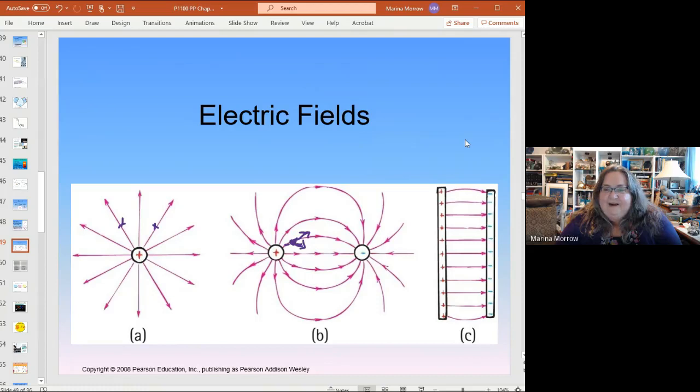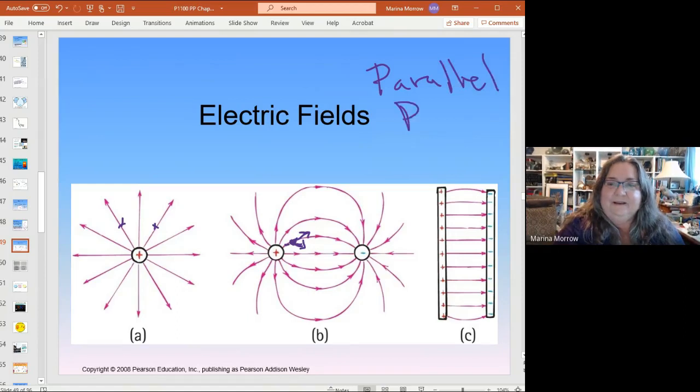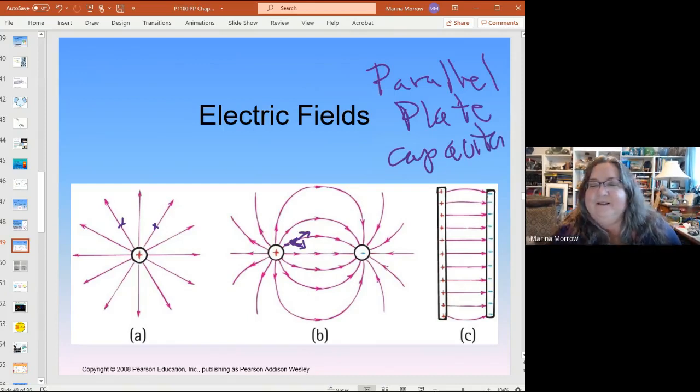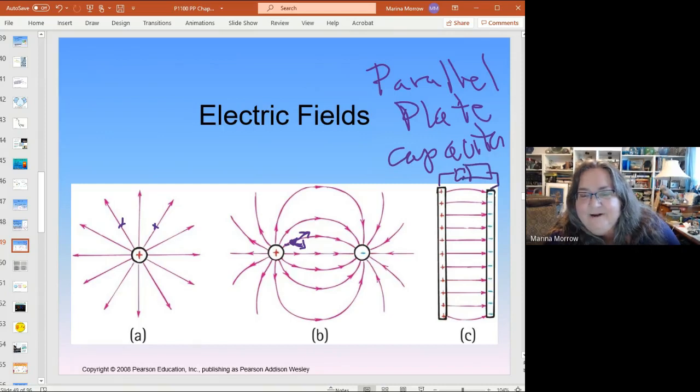The last one here is a parallel plate capacitor. And it's just two metal plates. So parallel plate capacitor. Pretend that's a C. Okay, so what's going on there is that you can hook this up to a battery, for instance, with a positive and a negative end, and just hook it up with some wires, and you can charge up those plates.